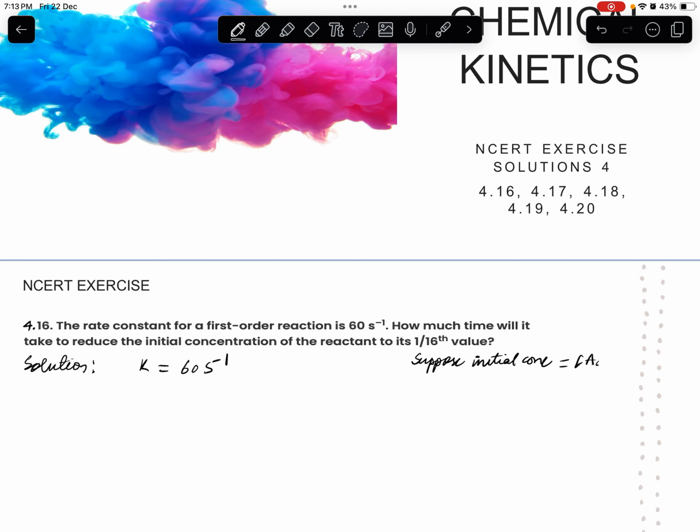The concentration at a time t is given as A, and this value in our case is A naught by 16. That is, it is 1/16th of the initial amount. This is given in the question.